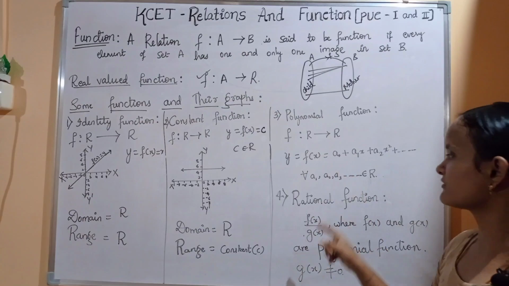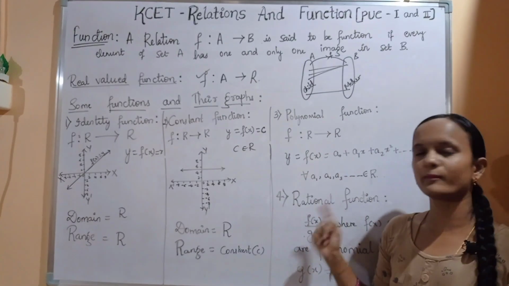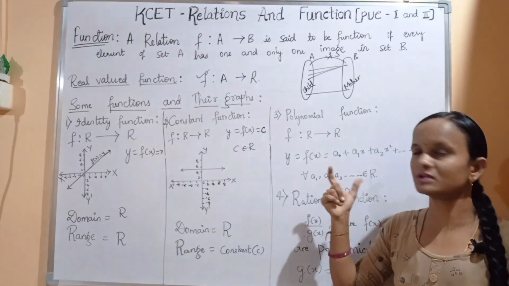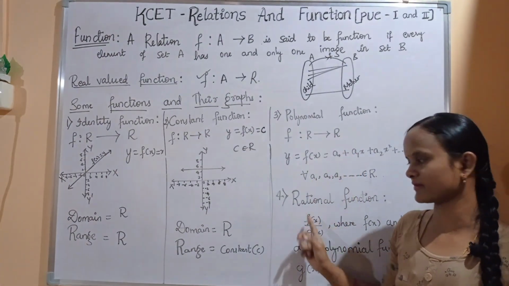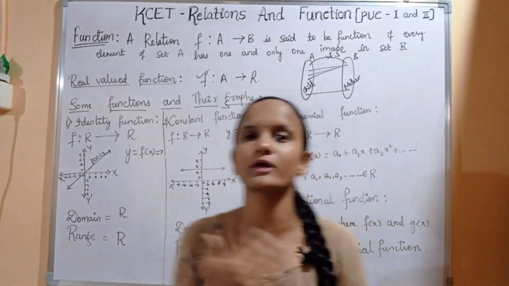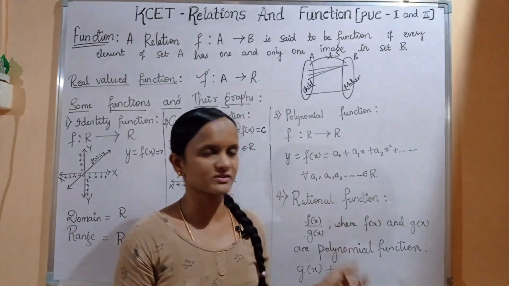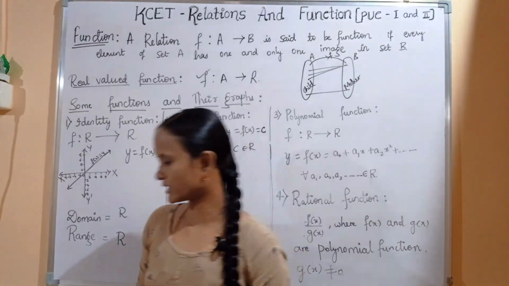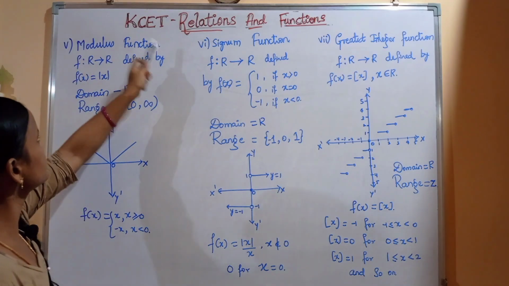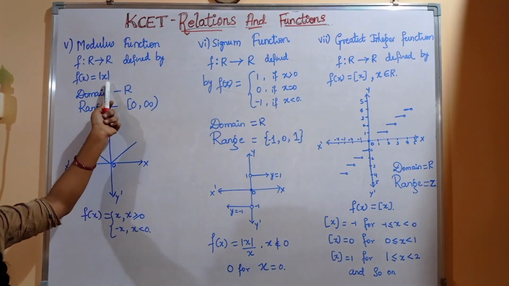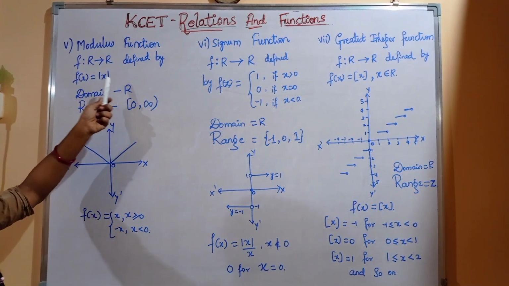Here, for polynomial and rational functions, the domain and range differ and depend upon the expressions of f of x and g of x. So, according to the example, the range and domain of these functions change. Okay, next comes the modulus function: f is from R to R defined by f of x is equal to modulus of x, or the absolute value of x.